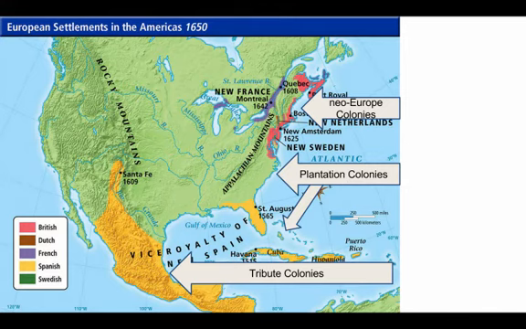Now there are three types of colonies that we see getting set up here. We see tribute colonies in the Spanish colonies, meaning that the Spanish are pretty much just extracting wealth out of those colonies, for example gold and silver and certain cash crops. We also see plantation colonies developing in the Chesapeake region, in the Caribbean, and in places that will become South Carolina and Georgia.